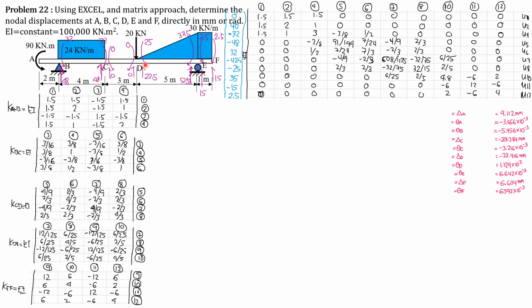For portion CD, imagine this is fixed. Since there is no load, therefore fixed end moments as well as fixed end forces are 0. For DE, we have this triangular load and this concentrated load. This concentrated load will have no fixed end moments because D and E are imagined to be fixed, and these 20 kilonewton loads act over the fixed end.